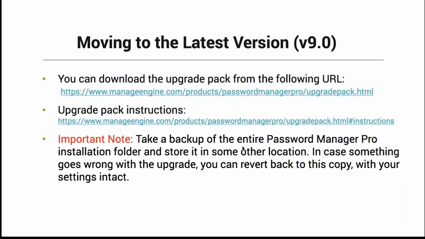This way, if anything goes wrong during the upgrade, you can simply restore the backup and get the older version up and running, and you can contact our support team who will assist you further with the upgrade.